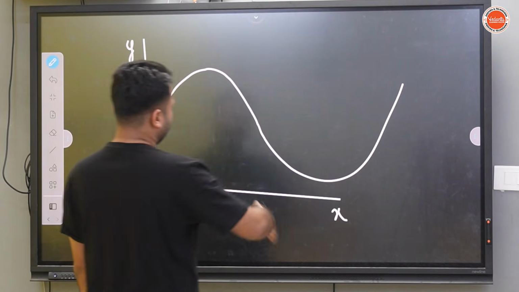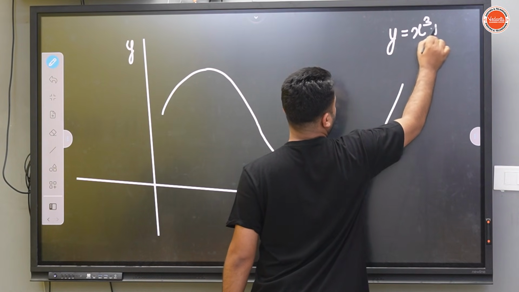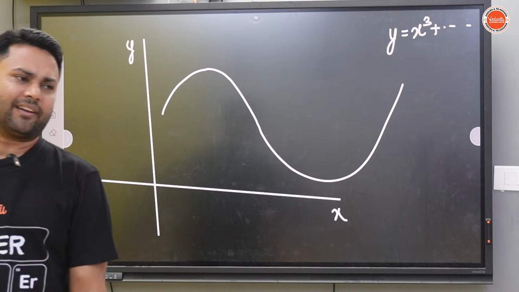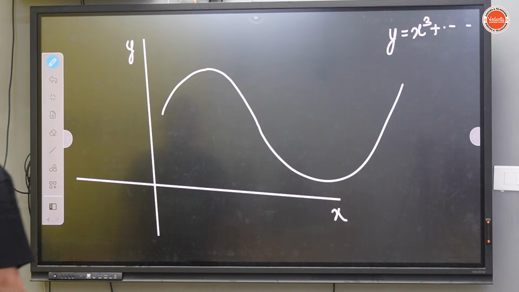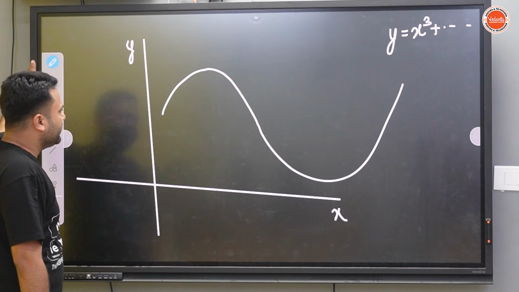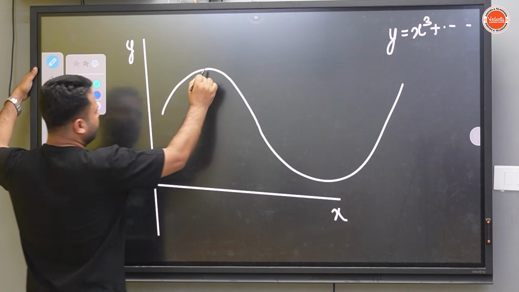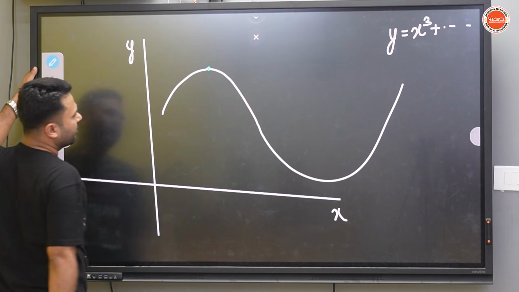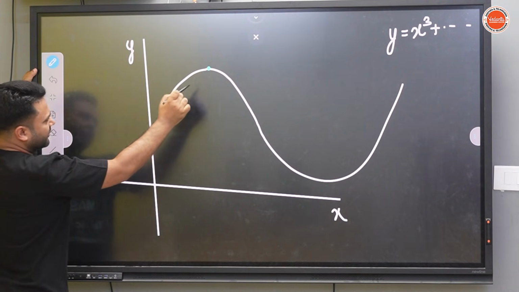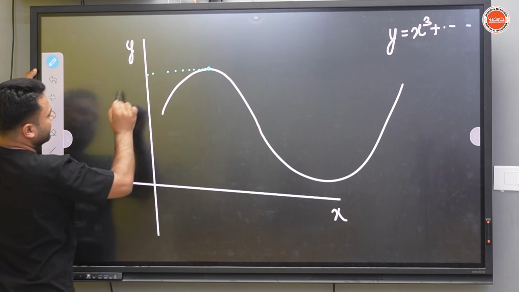This is some expression, I don't know, like any curve. y equals to suppose x cube, something like that. So the equation I am not exactly interested in. What I try to make you understand is that here you can see two important points. One is this point. Here, what is the speciality of this point? Here graph y is having maximum value. See, this is y maximum.